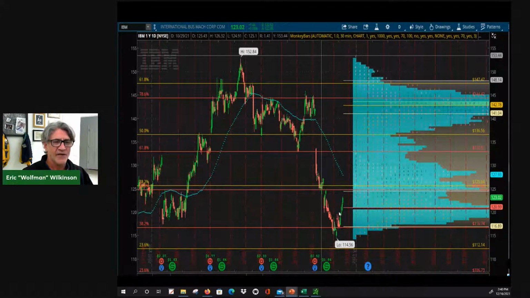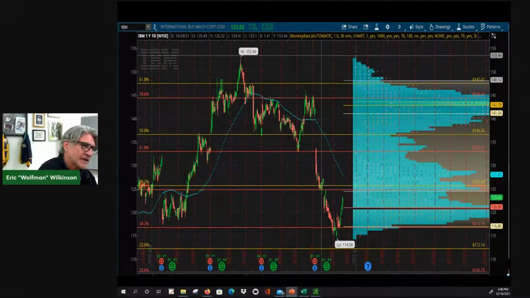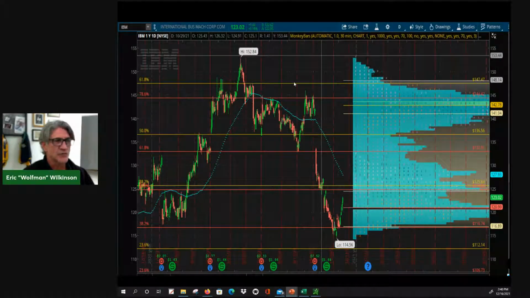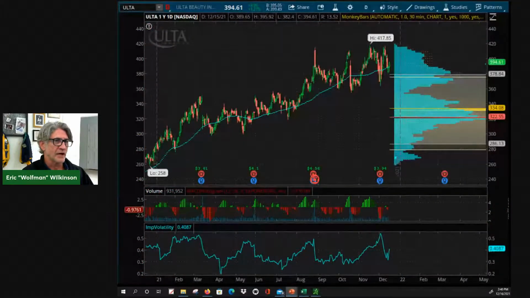Right back down into that range, the point of control for the last year, all of those things, right back in that neutral pattern. So IBM would be one of those where you could get back into it and just look for those opportunities. It gives really good candlesticks to trade off of as well for the swing trades.